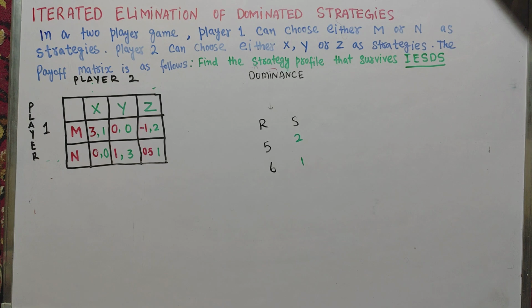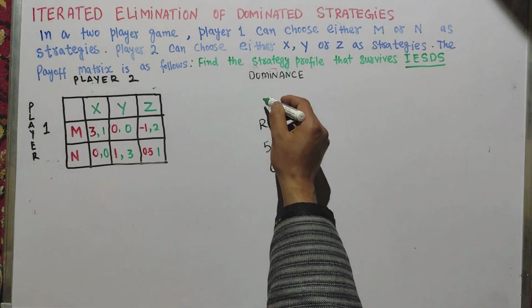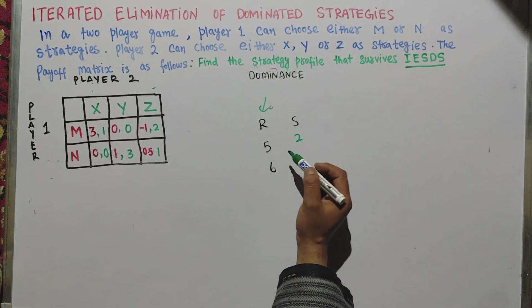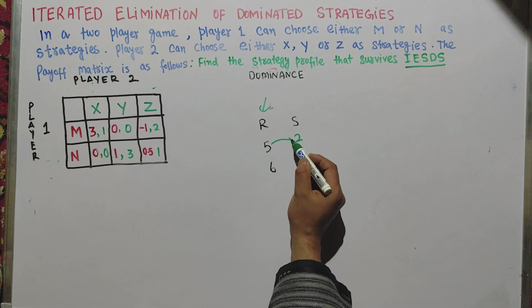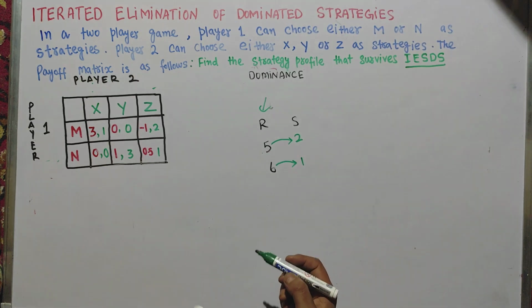Here you can see that playing strategy R is always better than playing strategy S, because 5 is better than 2 and 6 is better than 1.